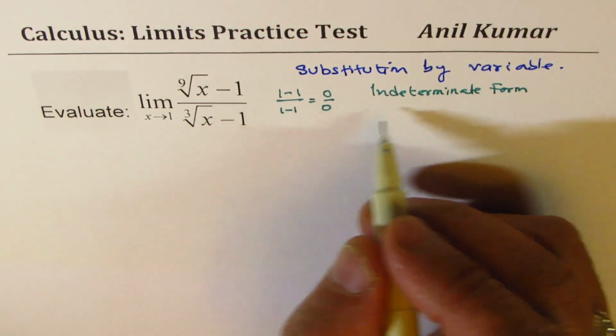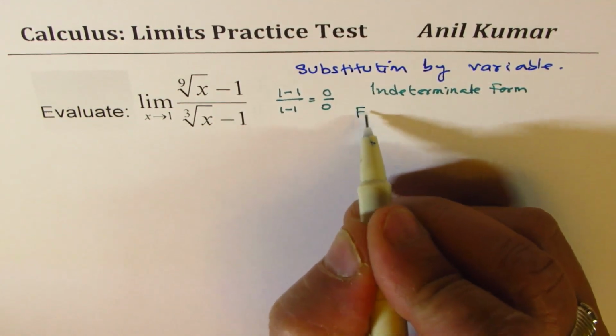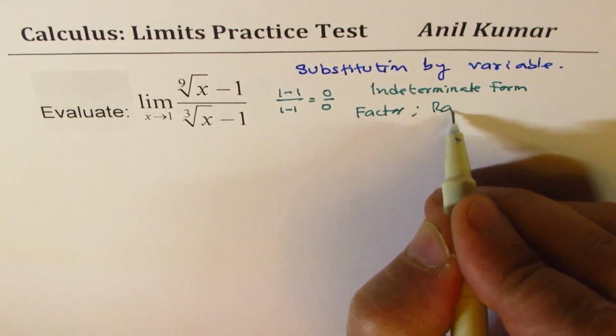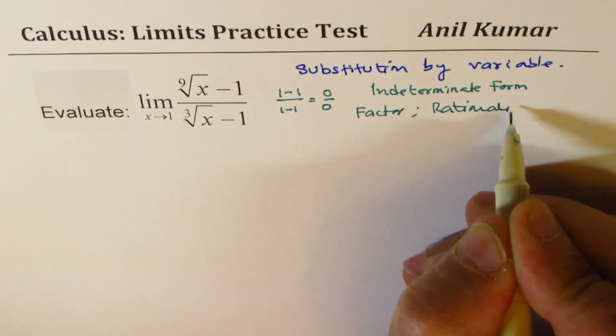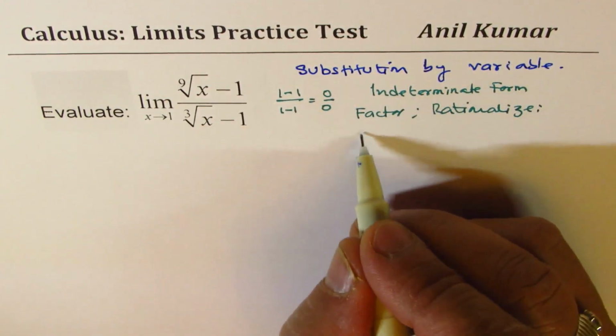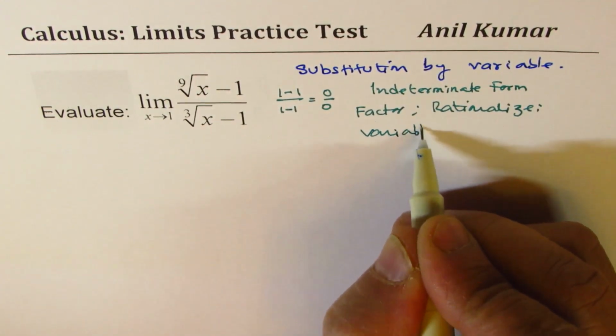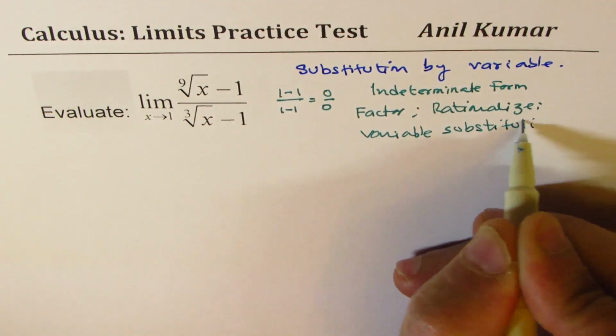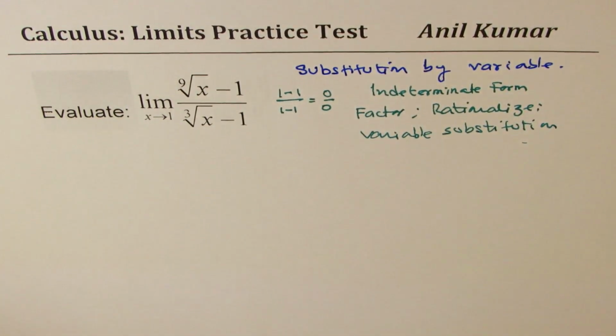So the methods normally adopted are factoring, or we could do rationalization, or we will do variable substitution. In this particular example, all the three methods can be used.